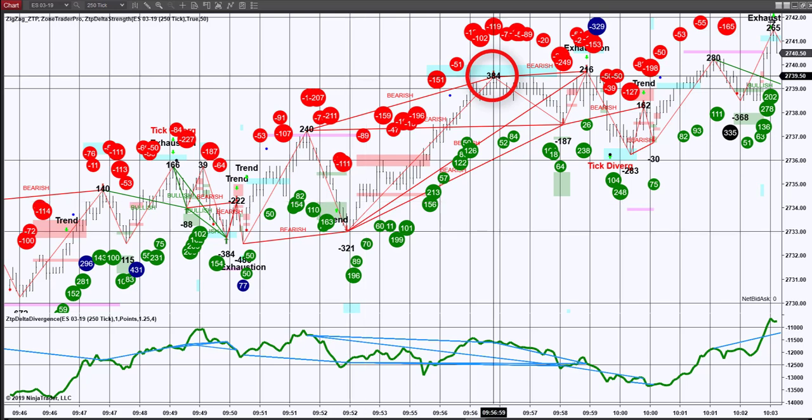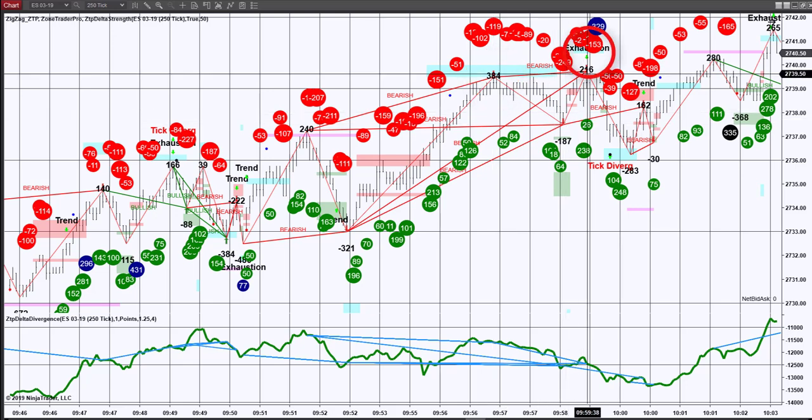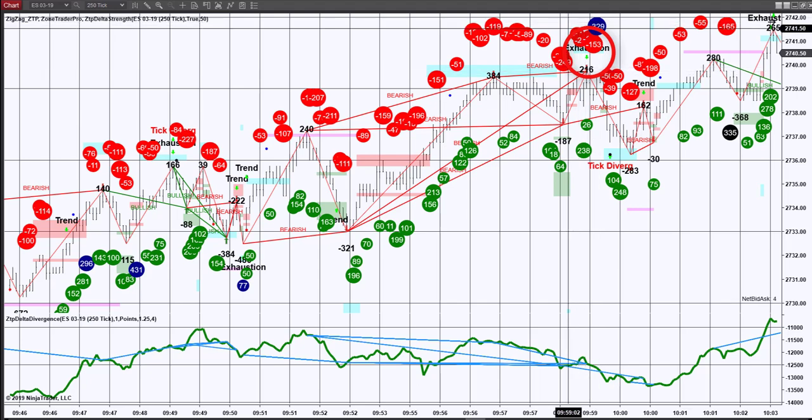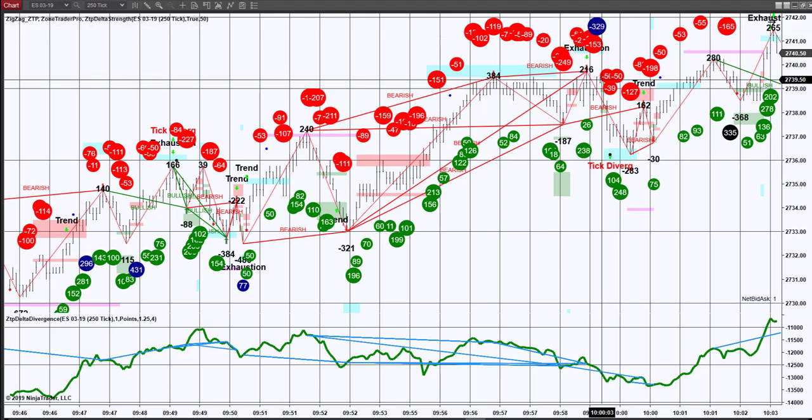However, what is a trade is once we've traded into this exhaustion pattern right here, and then we see this ton, just absolute ton of contracts coming in here, well, we have all day to get short for that 3.5 point trade.